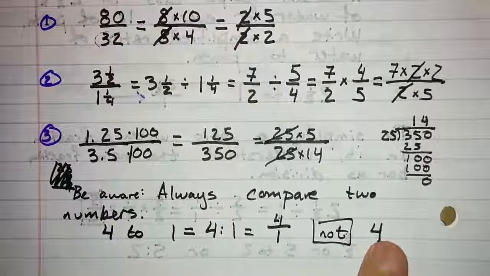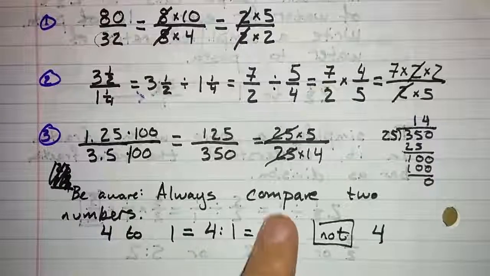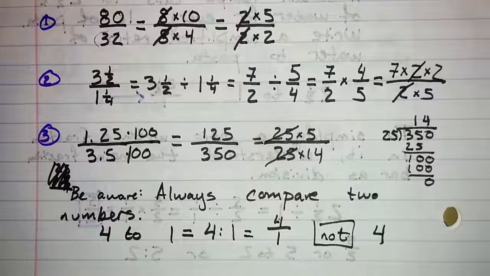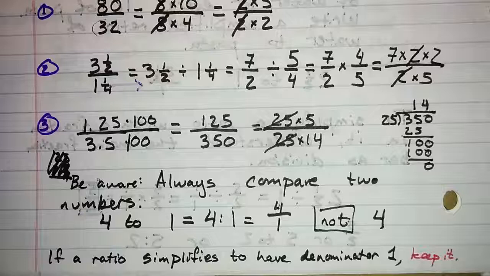Why? Because 4 is just one number. We don't know what it compares to. If a ratio simplifies to have denominator 1, keep it. Don't write it as a whole number. Because again, a ratio doesn't represent a number. It represents a relationship between two numbers.